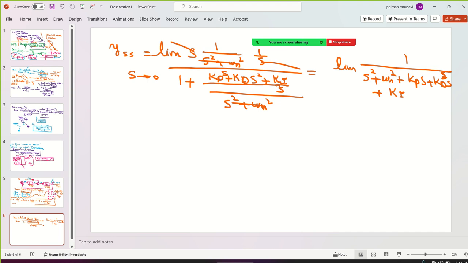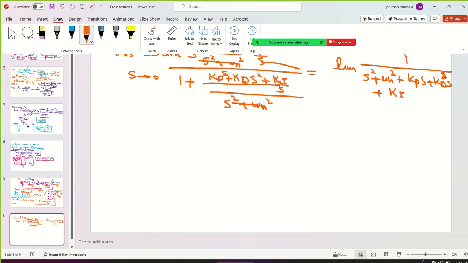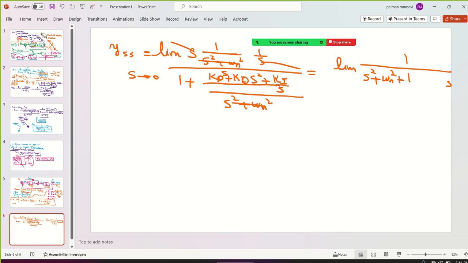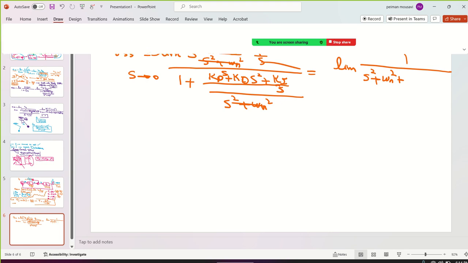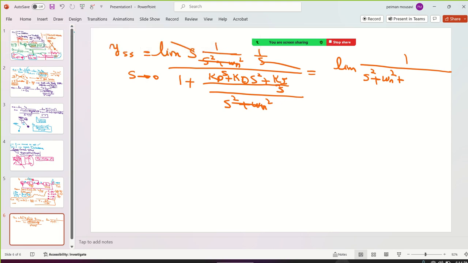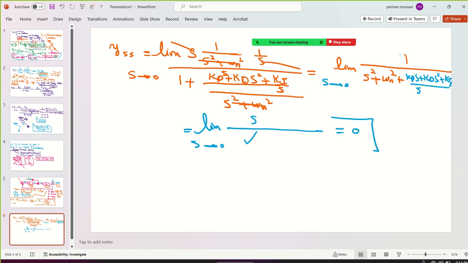I have to rewrite it to make a space here. KPS plus KDS square plus KI over S. S goes to 0. Limit of this S goes above. S divided by whatever. What's the result? 0.